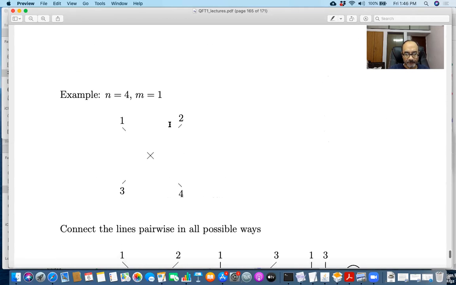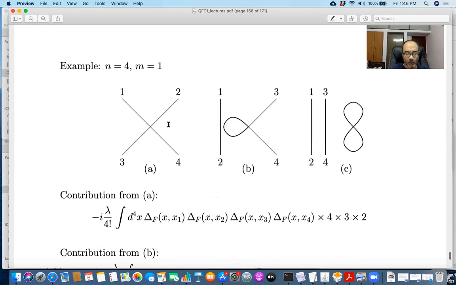It's the same diagram; I've just dropped the crosses so that it doesn't clutter up the diagram. So this point can connect to any of these 4 lines. That's the factor of 4. Given that, 2 can connect to the 3 leftover lines. That's 3. And then 3 can connect to 2 leftover lines. That's 2. Then 4 has no choice. So this is the complete expression for the contribution from diagram A.